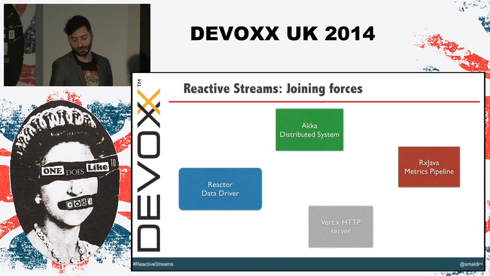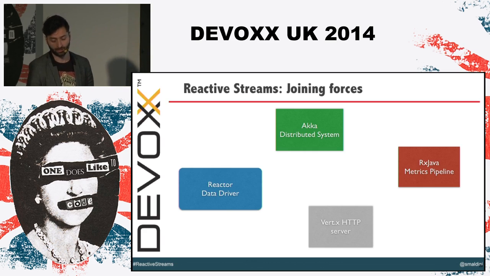Also, RxJava applications are very rich in terms of what you can do with the events, with the data. One of the interesting things you can do with RxJava combined with other Netflix frameworks like Hystrix is a metrics pipeline. With an asynchronous system, metrics become one of the core issues you will have to deal with.